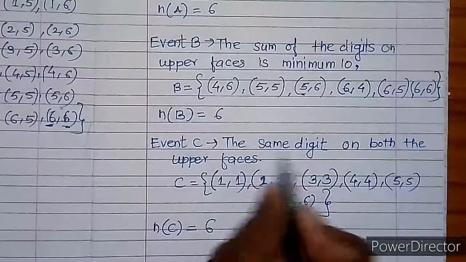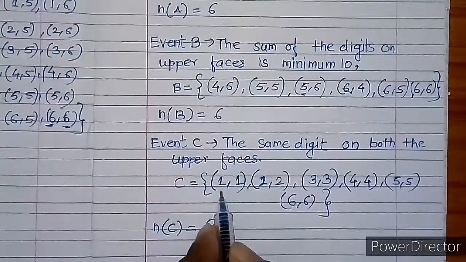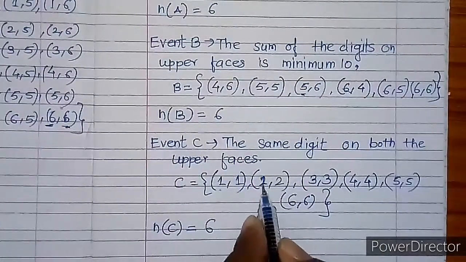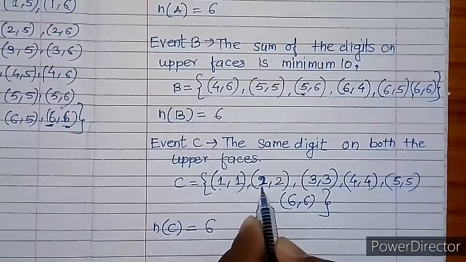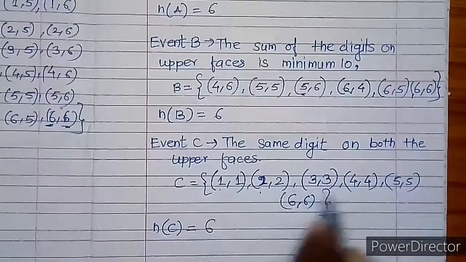Now event C is the same digit on both the upper faces. Here we select 1 comma 1, means 1 and 1, both digits are same. That's why we pick 1 comma 1 from the sample space. Here 2 comma 2, the first outcome is 2 and the second outcome from the second die is 2. That's why we pick 2 comma 2.